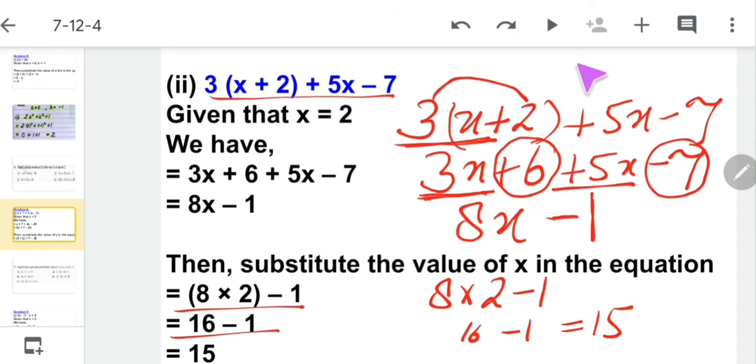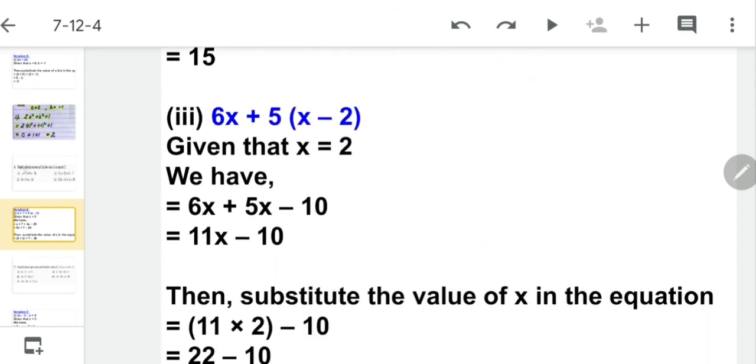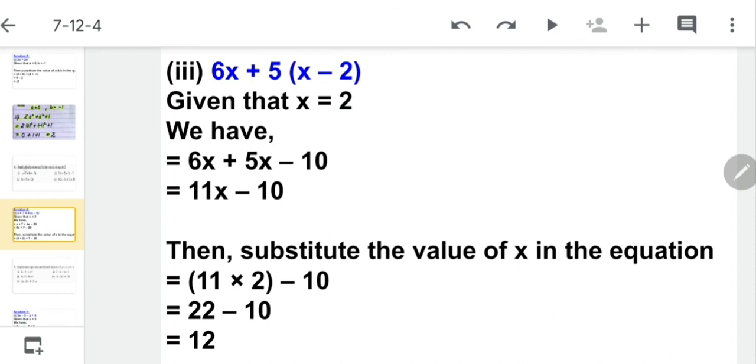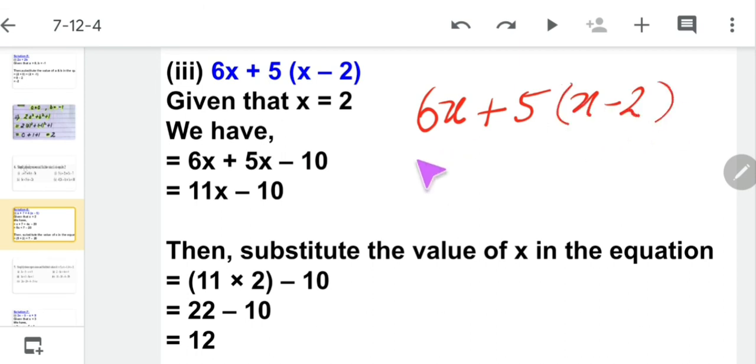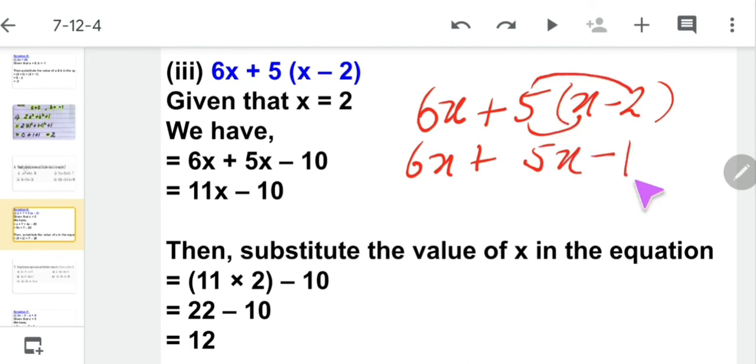Okay. Now let's see the third part. Let's try to simplify the given expression first. So this is our expression. We have to multiply 5 with the bracket. So 5 with x gives us 5x, and 5 with minus 2 will give a minus 10.